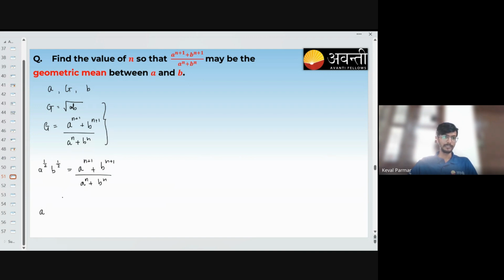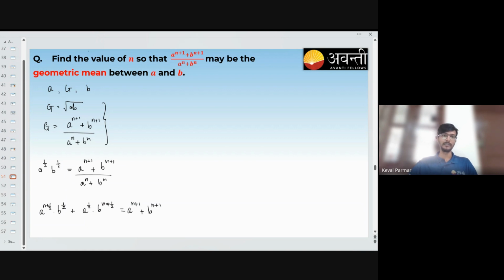So I'll get a raised to n plus half into b raised to half. Here a raised to n and half will be added, and the same will be done with b. So I'll get a raised to half into b raised to n plus half. And on this side I'll have a raised to n plus 1 plus b raised to n plus 1.